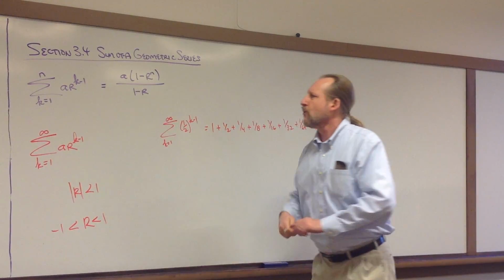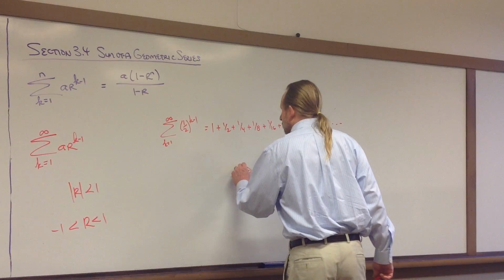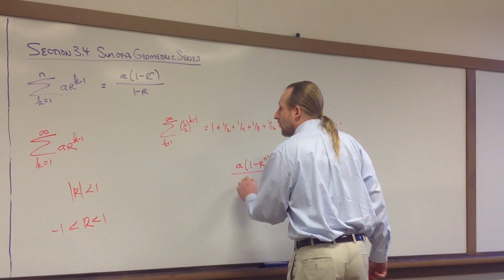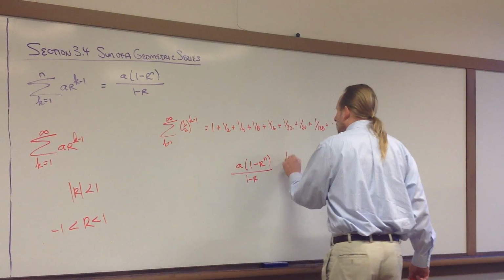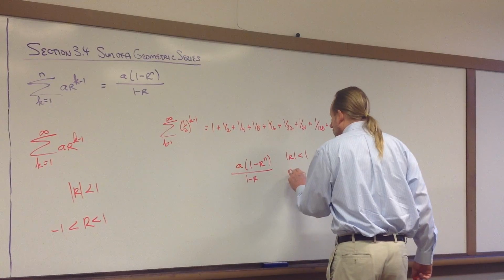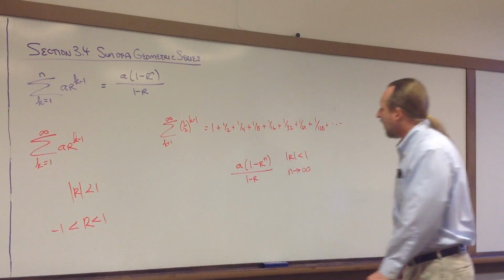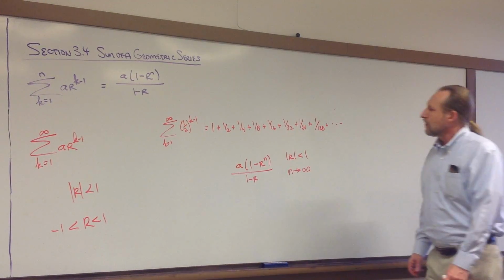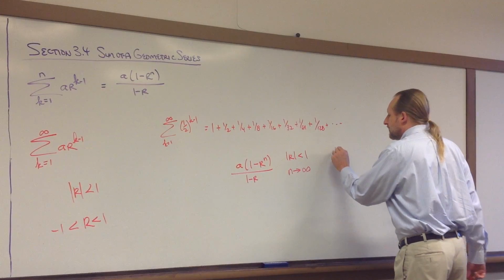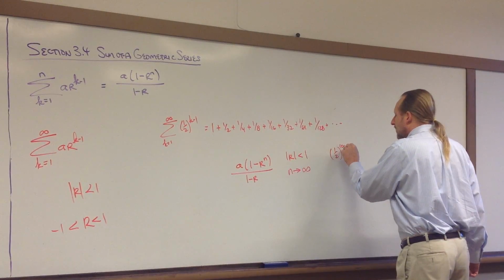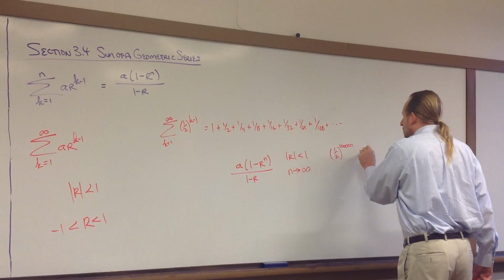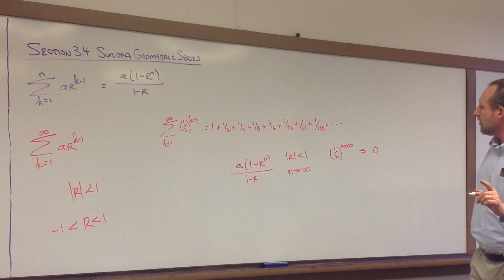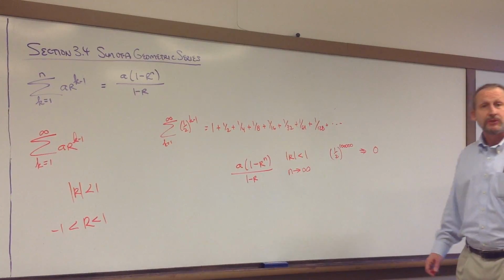Okay, so let's look at this formula and see what happens when r is less than 1 and n is infinite. r is less than 1, n is going to grow infinitely large. What's going to happen? Well, look at what's happening to these. If you've got 1/2 to some giant power, this thing is going to get smaller and smaller and become indistinguishable from 0.